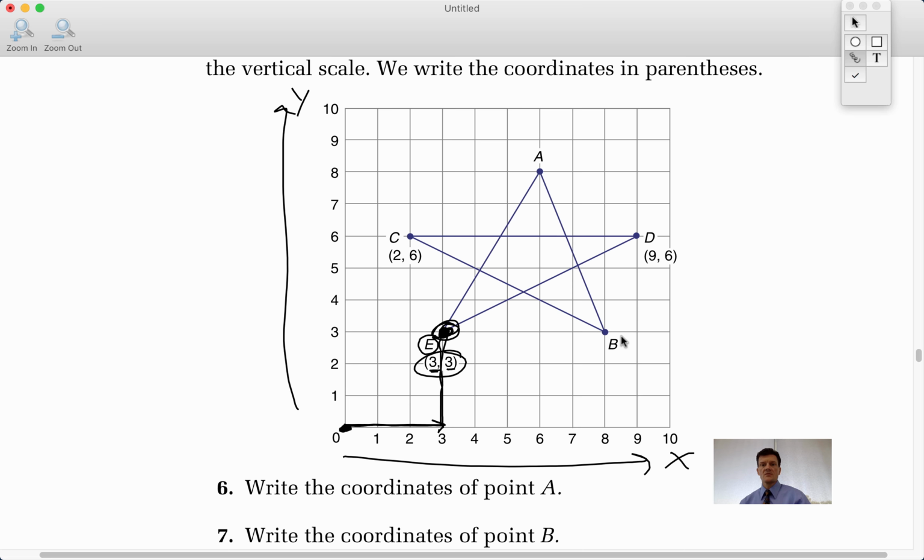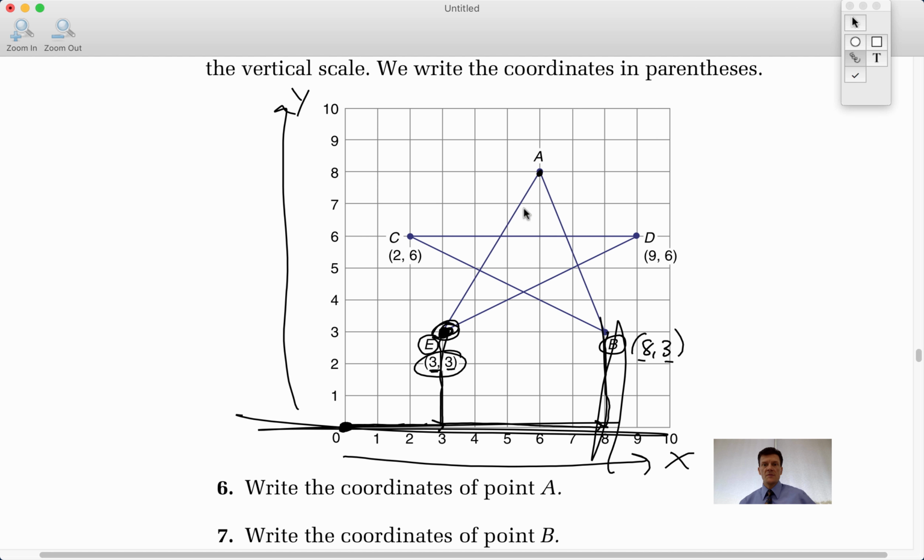Okay? So this value B, I always start here. I always start at the 0. It's called the origin. 1, 2, 3, 4, 5, 6, 7, 8 steps, and then to get up to B, 1, 2, 3. So that value is 8, 3, and always put it in the order of the horizontal movement and then the vertical movement. Okay?